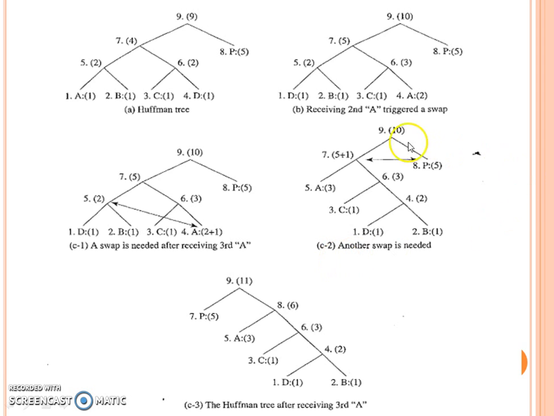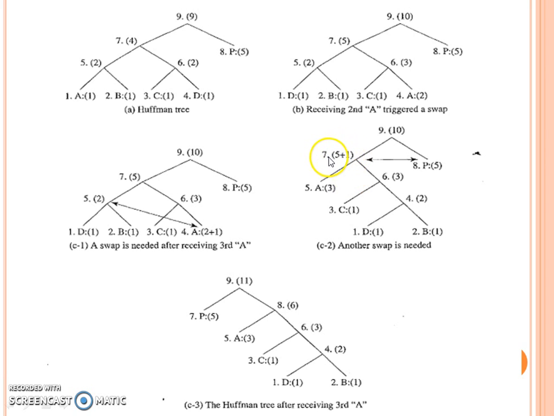So the subtree with nodes D, B and root node 5 is swapped as a whole with A3. Now we can see the swap condition in figure C2. The tree is swapped with A as shown by this arrow, and the tree will look like this.